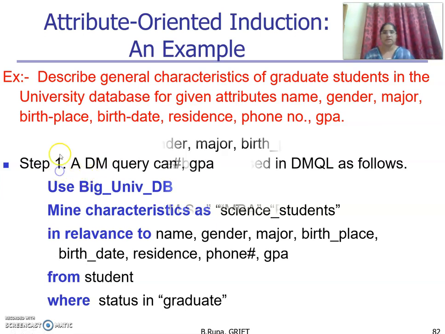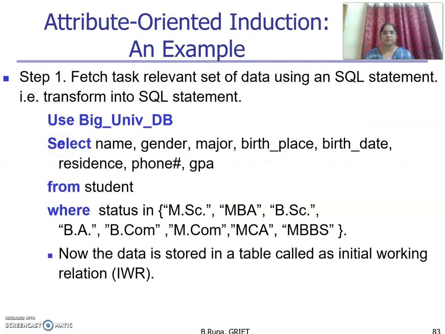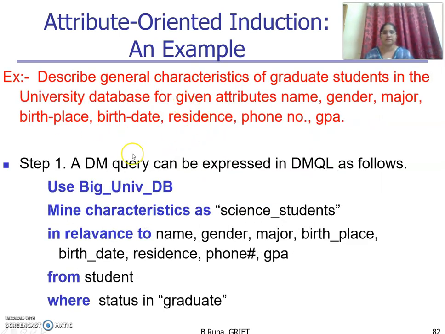The first step is that we need to collect the task-relevant data by using data mining query language. We can write a query as: use big university database, and mine the characteristics as science students in relevance to all the attributes name, gender, major, birthplace, birth date, residence, phone number, GPA, from student, where status in graduate.